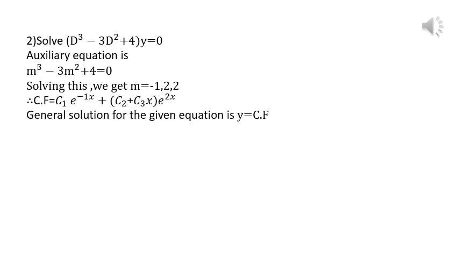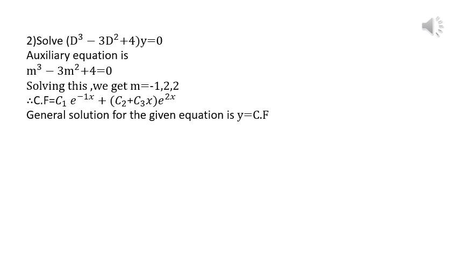Now complementary function CF is equal to, see here 2 is repeated, real and same. So because of this reason, we write the CF is equal to inside the bracket C1 plus C2x, outside the bracket e to the power 2x. Then with respect to the another value for d, that is minus 1, write C3 e to the power minus 1x.